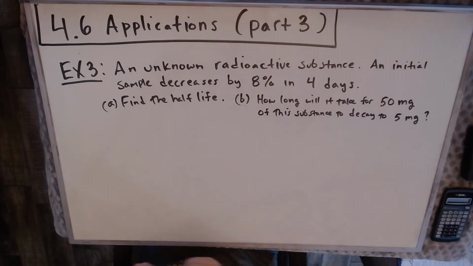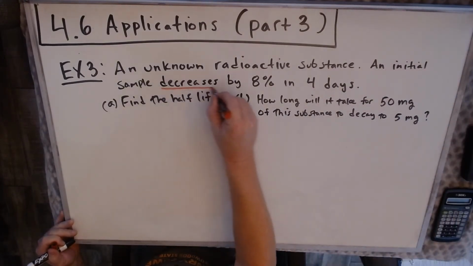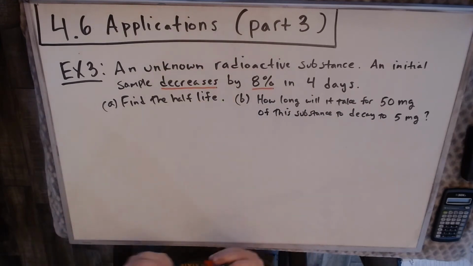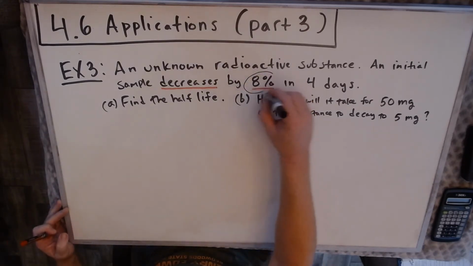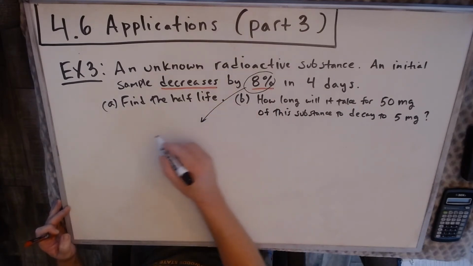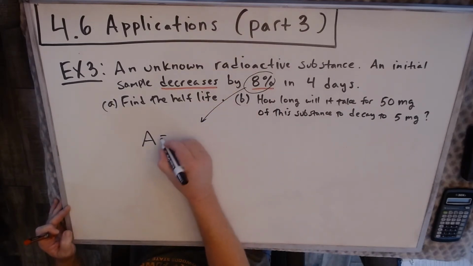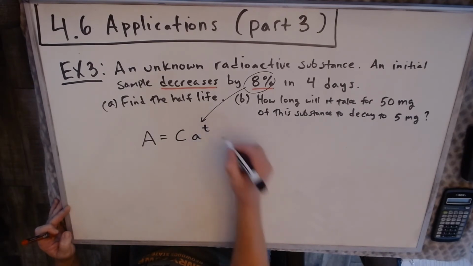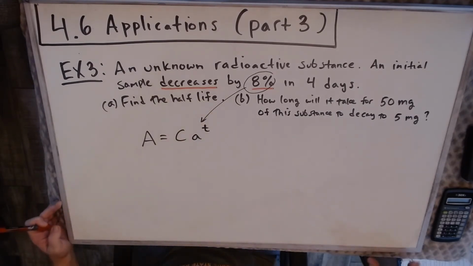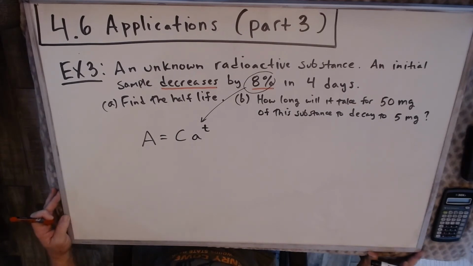So we have that it's decreasing by 8%. So 8% of it is disappearing, which means that 92% of it remains. So when we do our model, I'm using the algebraic model.